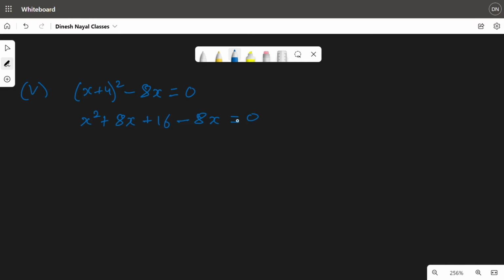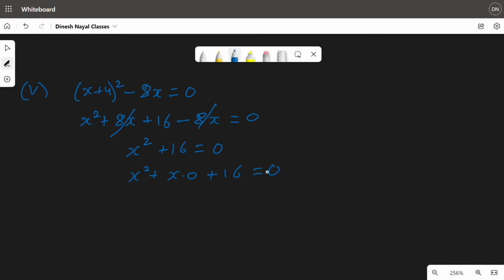So we see that 8x will get cancelled. So this equation reduces to x square plus 16 equals 0. Now we can write this equation, because we know that the coefficient of x is 0, as x square plus x into 0 plus 16 equals 0.